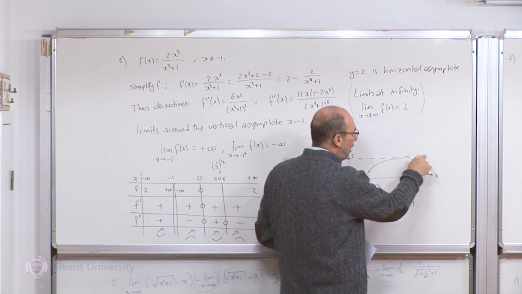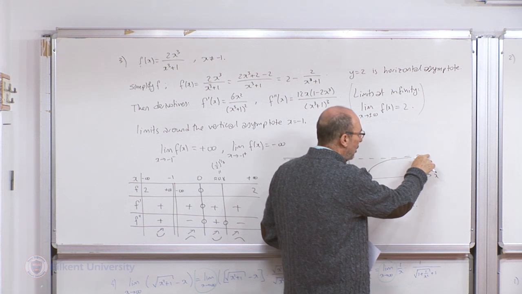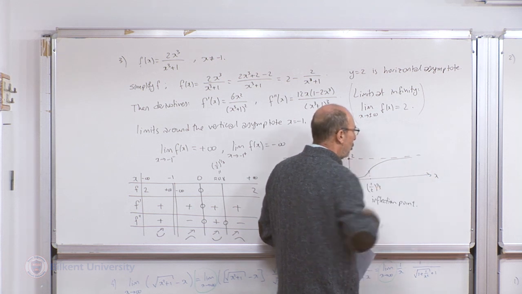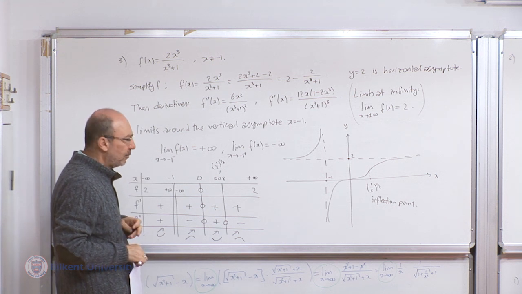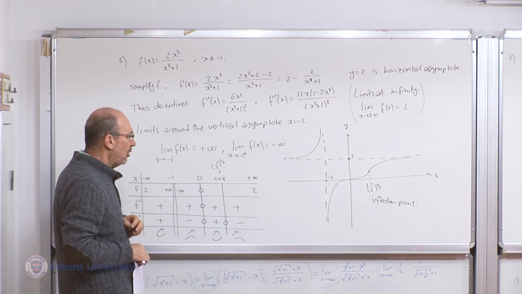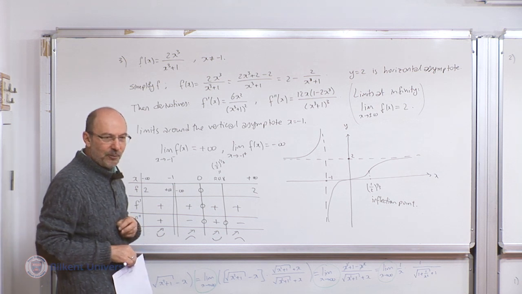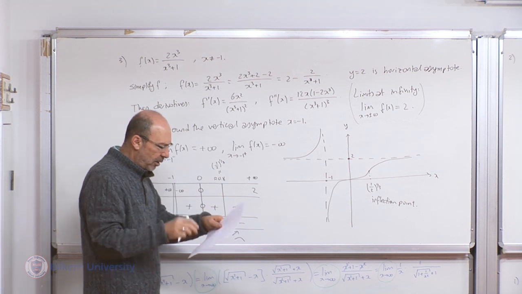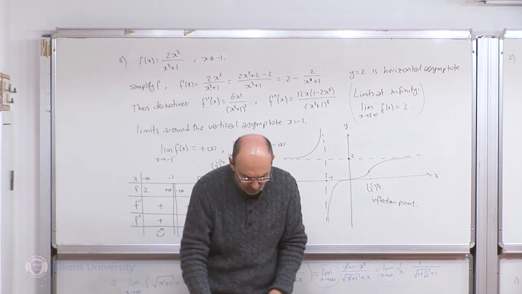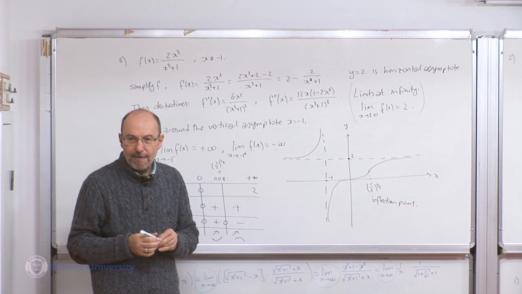It cannot come down asymptotically to y equals 2 line. Okay, so the graph makes sense. And at this point, we believe that it is correct. Okay? So this is how the function is behaving. Okay? Any questions so far?